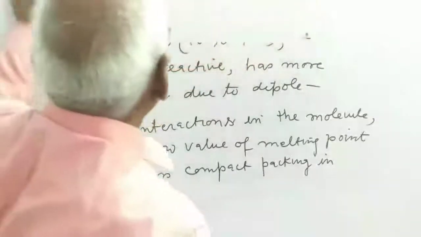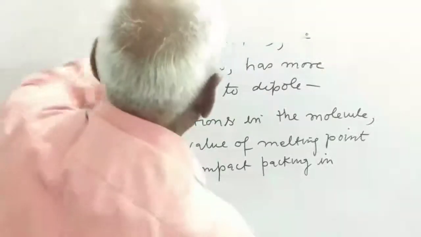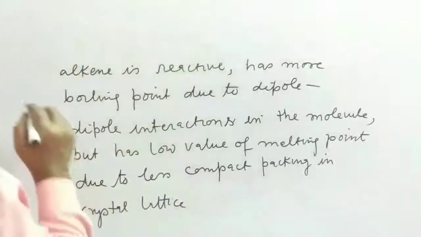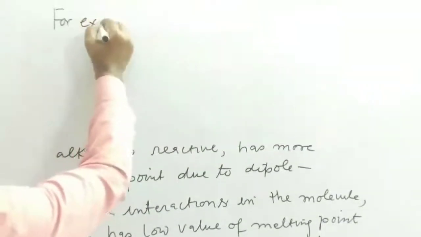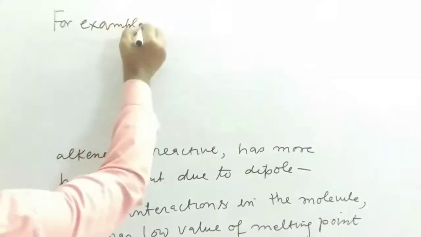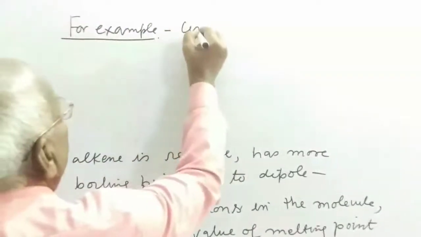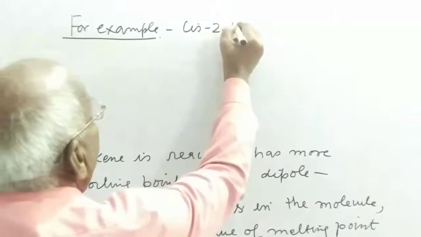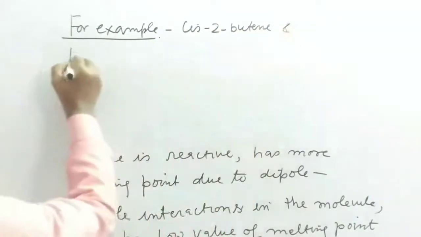Now with examples. For example, I take the example of cis-2-butene and trans-2-butene.